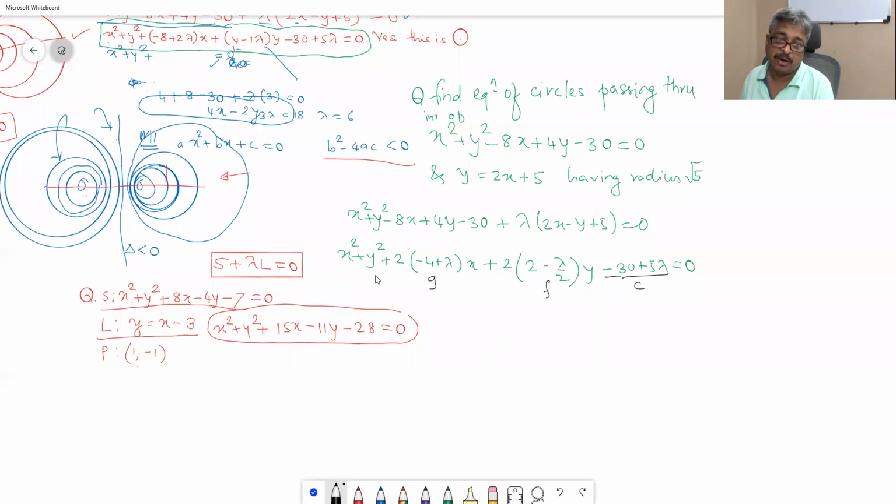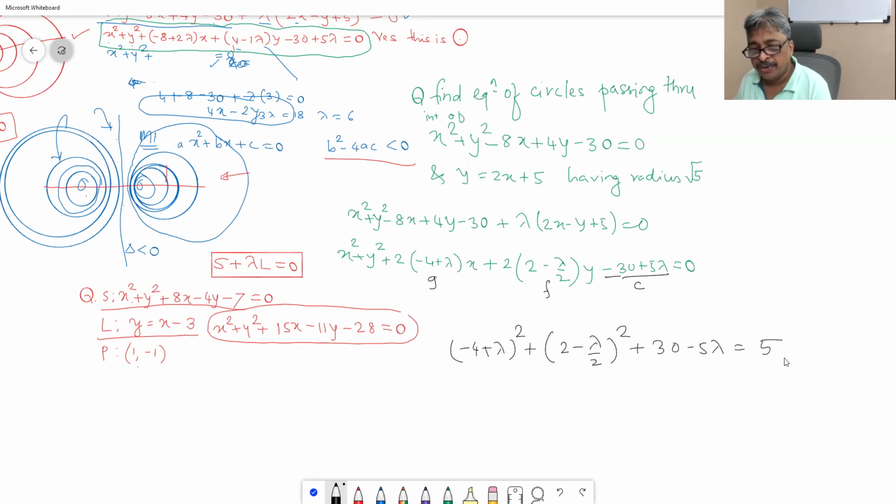Therefore, the radius of the family of circles in terms of lambda, for different values of lambda, different radius, will be g square, so minus 4 plus lambda bracket square, plus f square, which is 2 minus lambda by 2 bracket square, minus c, that means plus 30 minus 5 lambda, is equal to radius square. Now we have been given radius to be root 5, therefore this is going to be 5. This should give us values of lambda.